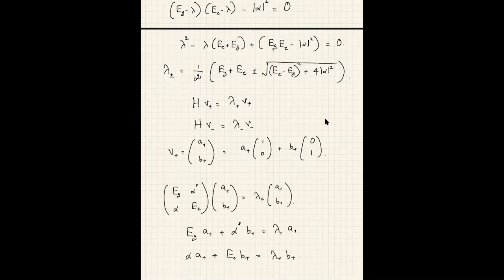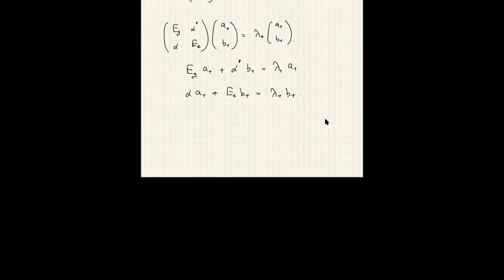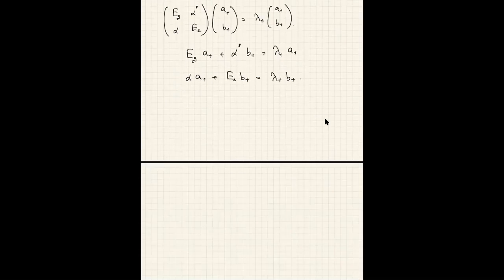These are two equations for two unknowns, A plus and B plus, and you can go ahead and solve these simultaneous equations. I will not solve it because it is just algebraically more complicated, but of course you can go ahead and solve these equations and write down what the eigenvectors are. Okay, so you know what V plus equals (A plus, B plus) is.